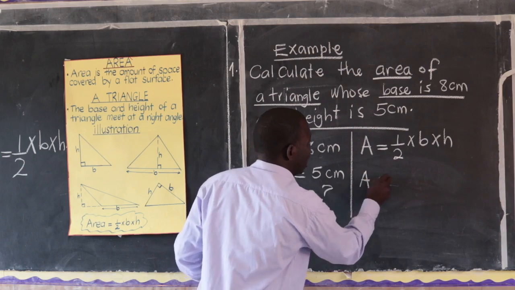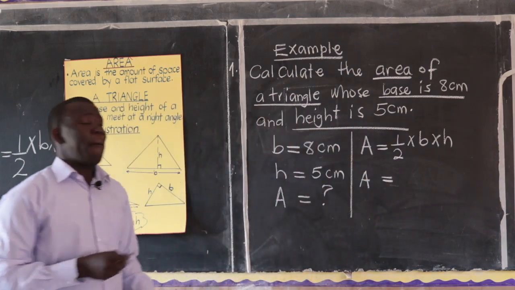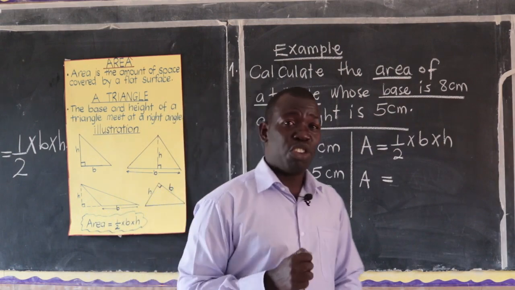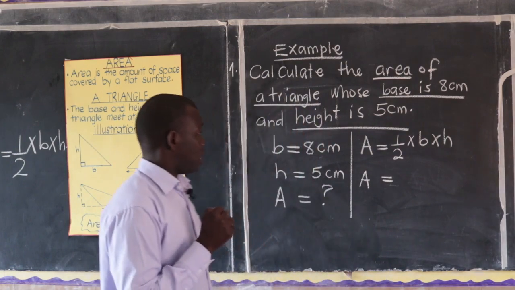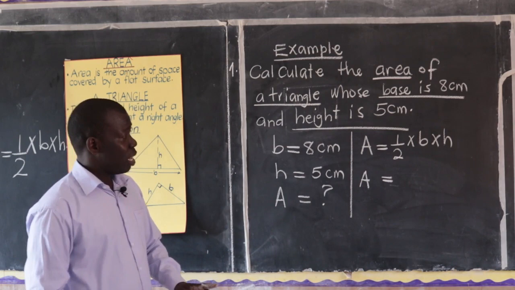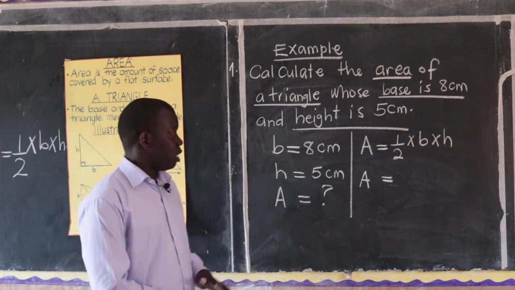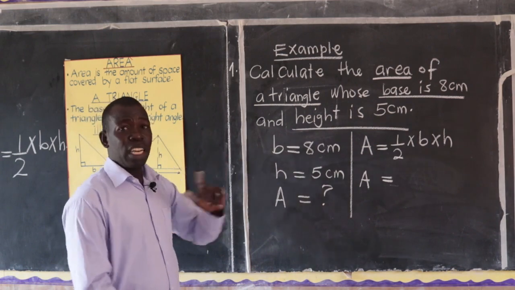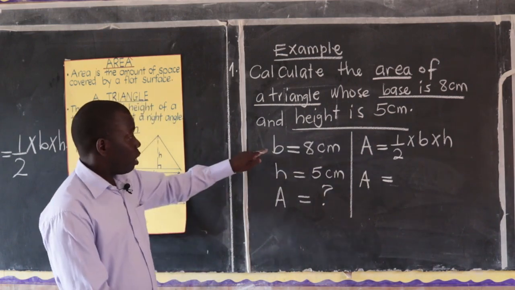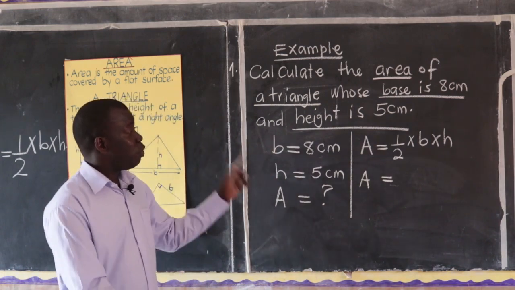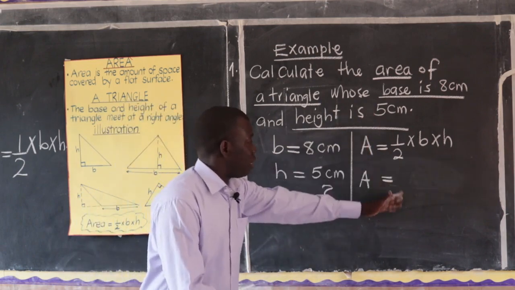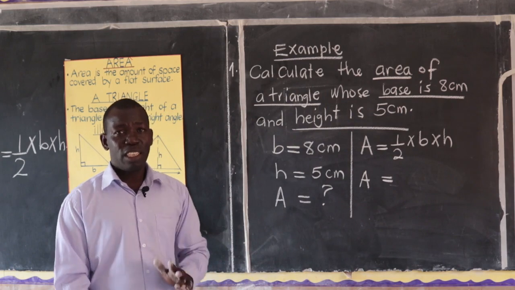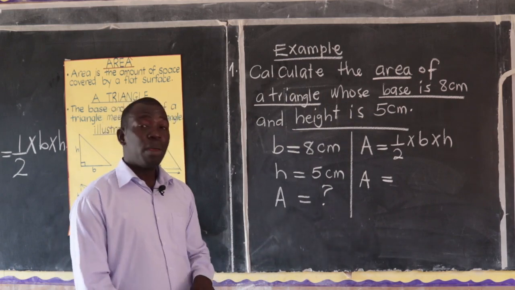So after stating the formula like that, make sure you make the correct substitution. Make the right substitution. There is always a mistake which is made by some children. You will find a child, especially those who don't summarize. If you don't summarize, you will find yourself just writing a half times base, 5 centimeters height. You just write anyhow. So please, if you do that, you will be penalized.